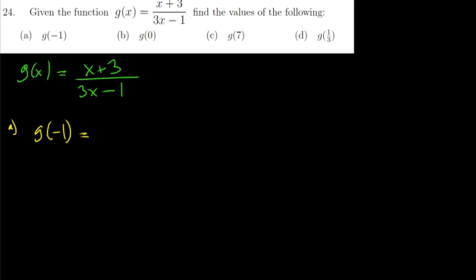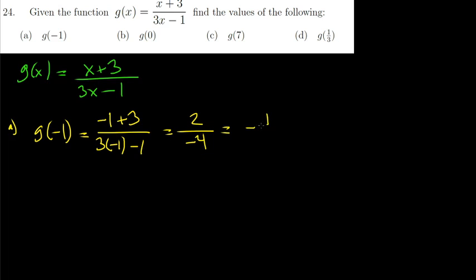Okay, so for number 24, we have a different function. We have a rational function, x plus 3 over 3x minus 1. And again, we're just evaluating the function at different values of x. In this case, negative 1. So replace all the x's with negative 1, not just the one in the numerator, the one in the denominator also. So negative 1 plus 3 is 2, and negative 3 minus 1 is negative 4.